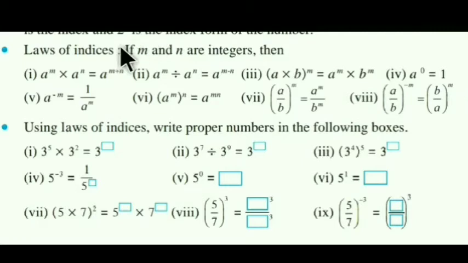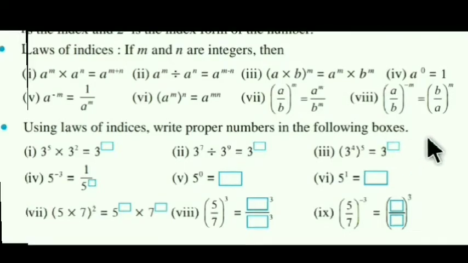So these are the laws of indices. On these laws, there are some examples that you solved in the 7th standard. So solve all these examples with the help of the laws of indices. Use the law and solve the examples.